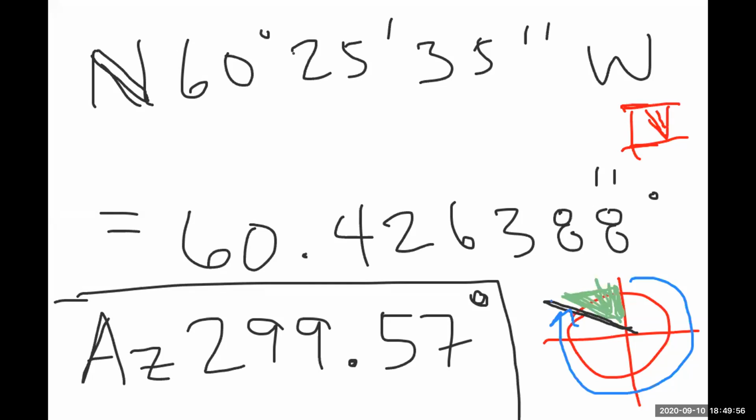Now, if you get to a resulting azimuth, if you want to check your work, especially on a quiz or a test, try to convert it back to the original bearing. If you come up with the same thing, then you know you've done it right. If you come up with two different things, you might want to revisit it.